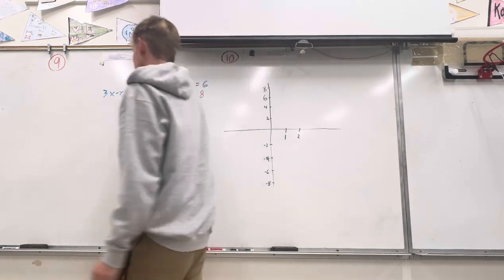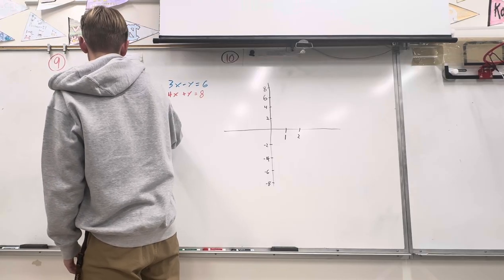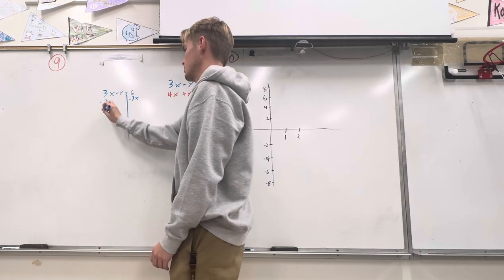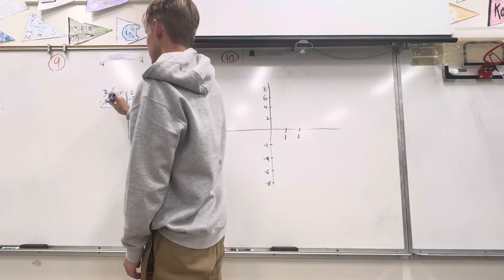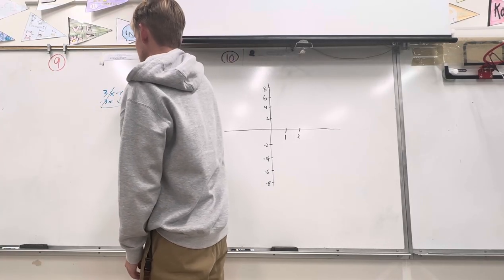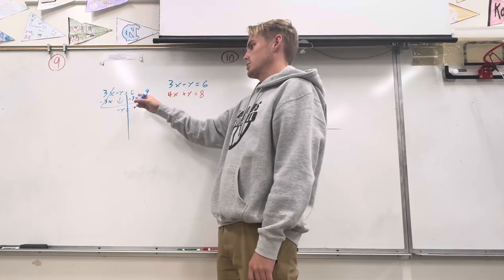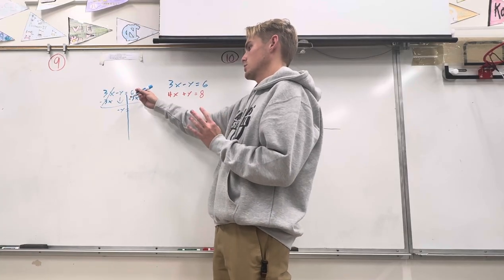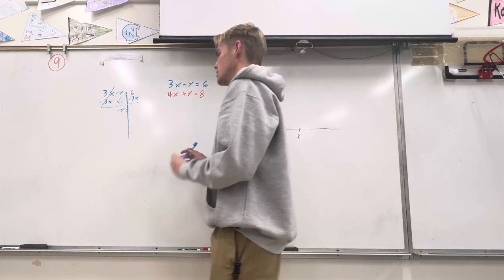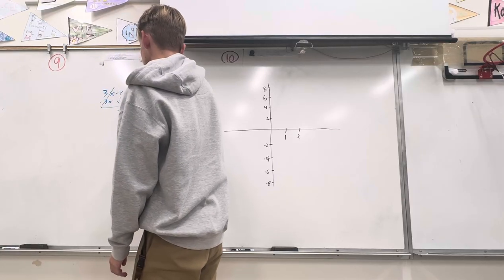To get rid of it, we just subtract 3x from both sides. When we do that, these 3x's cancel out. Negative y drops down. So we have negative y equals, and then on the right side we're left with a 6 and negative 3x. You guys have to remember, one of these has an x and one of them doesn't, so we cannot combine them. So we can just write it as minus 3x plus 6.